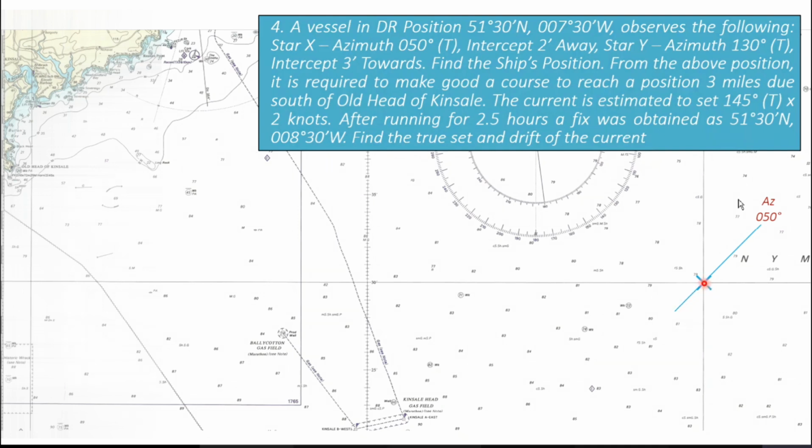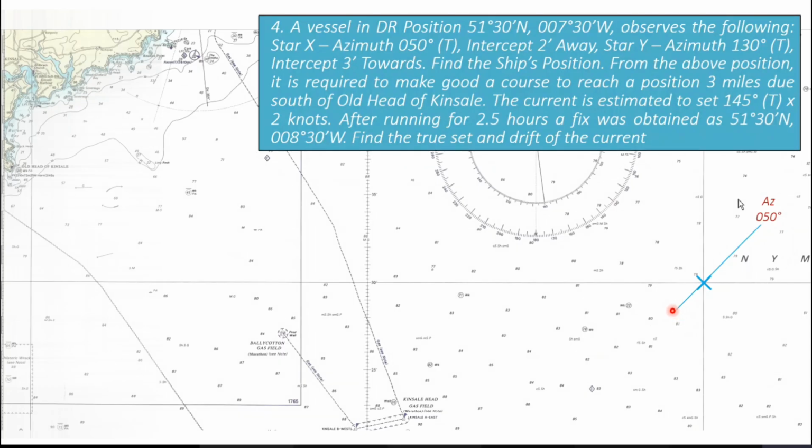Starting from my DR position, I will be going away from the star, meaning opposite to the azimuth of the star, and I will be moving a distance of 2 miles. That's how an intercept is plotted. So starting from the DR position, moving away from the star a distance of 2 miles, I reach a point. This point is known as the ITP, which is the intercept terminal point.